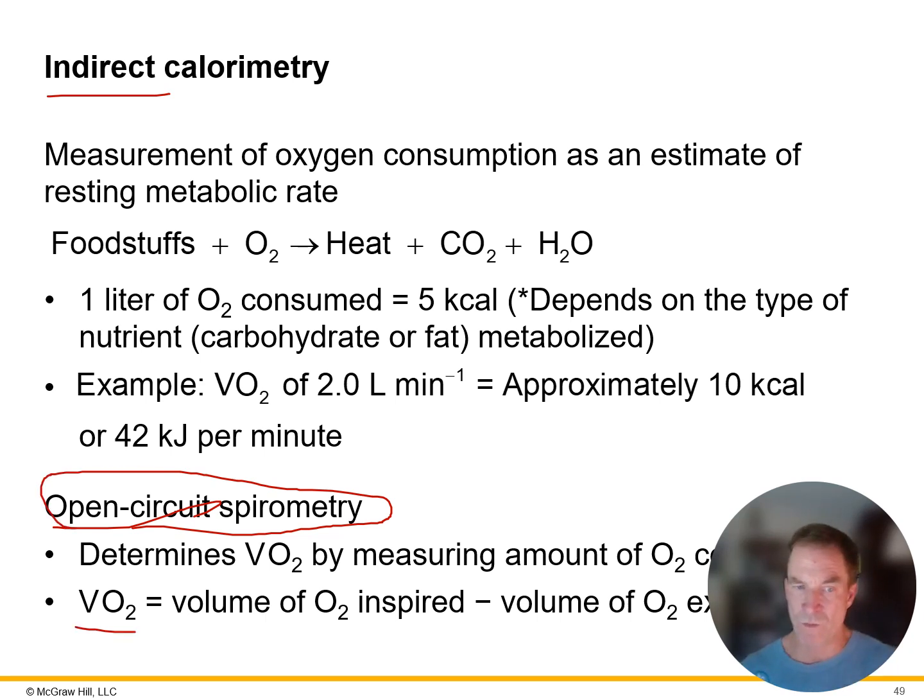We'll get into that in a bit, but it is based on the amount of oxygen you consume. We can find out the number of calories that you expended. So they're showing here the example of VO2 is 2 liters per minute, which is approximately 10 kcals or 42 kilojoules per minute. And that's how much the person will burn.